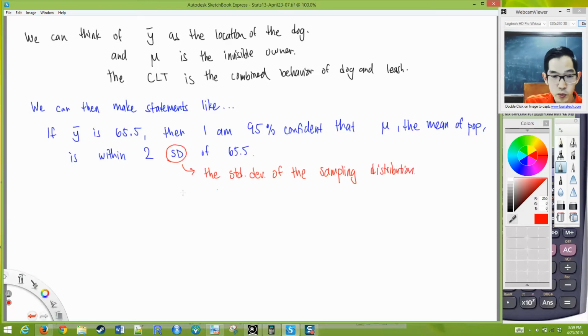The central limit theorem states that y bar comes from a normal distribution with mean mu and standard deviation sigma over the square root of n.